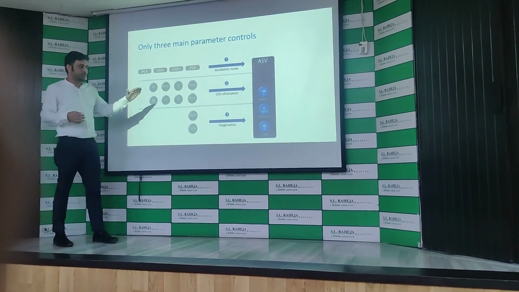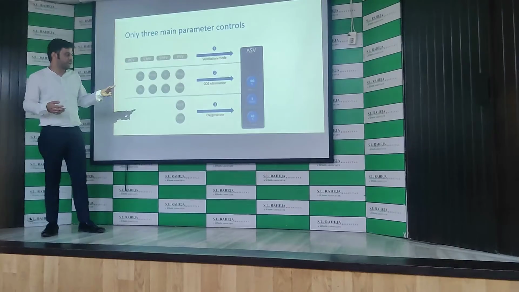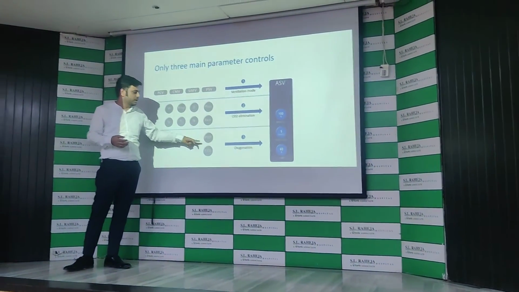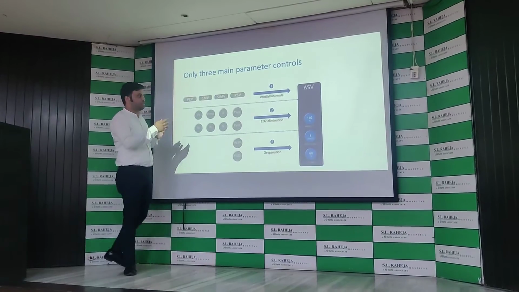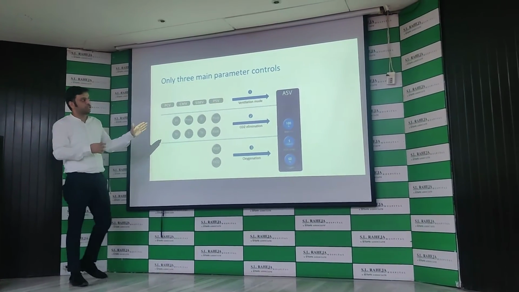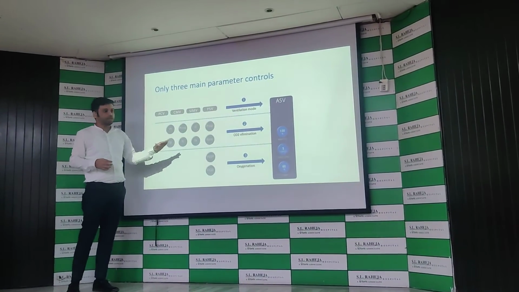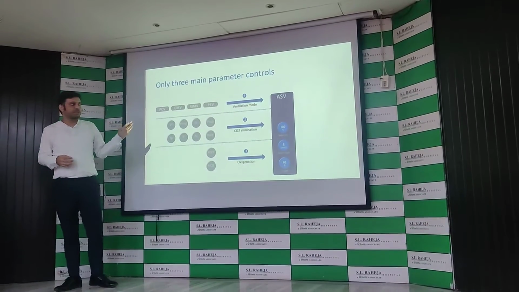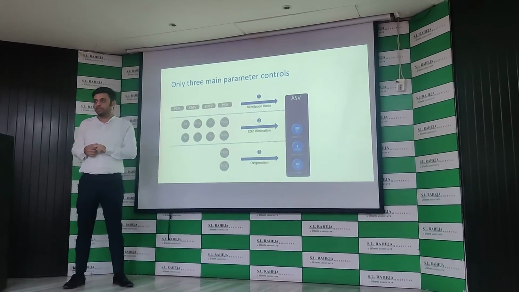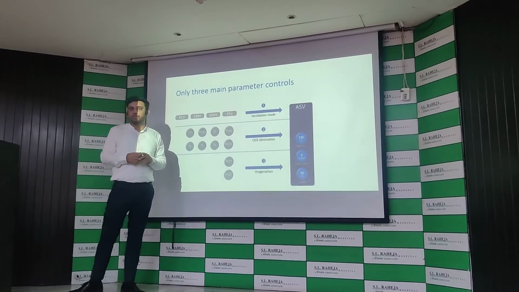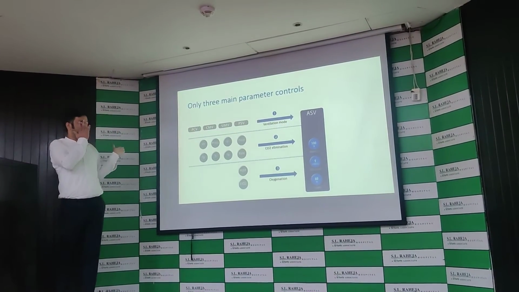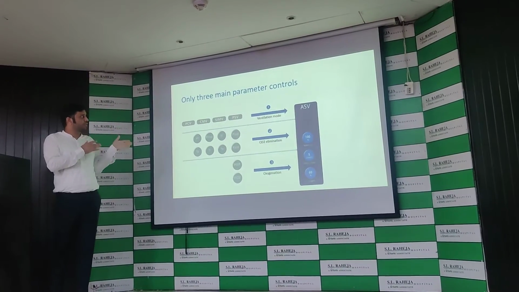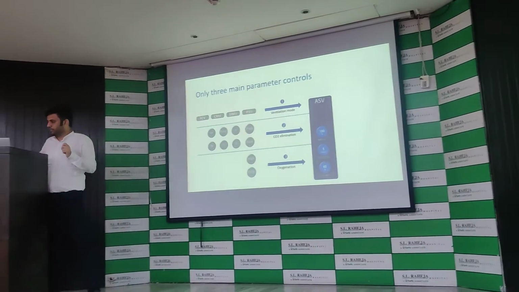Similarly, for SpO2 and the oxygenation part, we have two additional parameters, PEEP and FiO2, which we set exactly the same. So in comparison with the conventional modes, where we set volume and pressures, we have just one parameter to set on the machine, the percentage of minute ventilation. This is how ASV differs from the conventional mode.